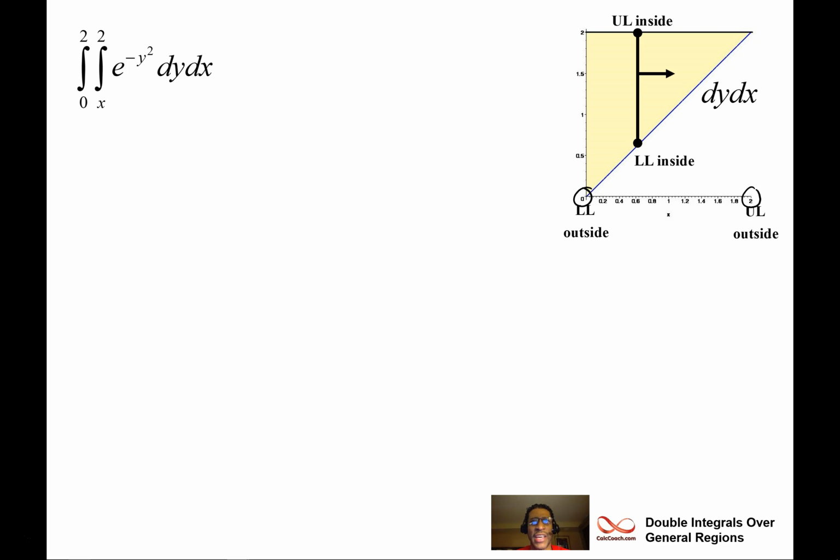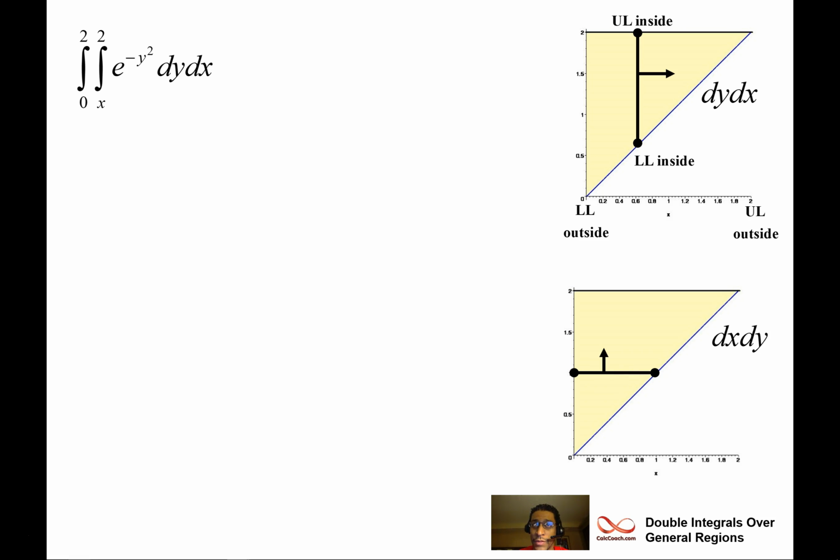But we're realizing that we can't do it in this order. So it's our job then to reorder. Our job is to, instead of dy dx, switch the order and do it as dx dy. So same region, but now dx dy is a horizontal slice, then moved upward vertically.